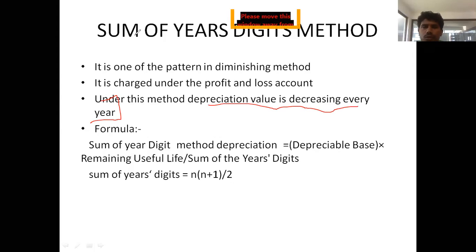The formula for sum of digits: depreciation base into remaining useful life divided by sum of the year's digits. Sum of years digits is calculated as n into n plus 1 divided by 2.